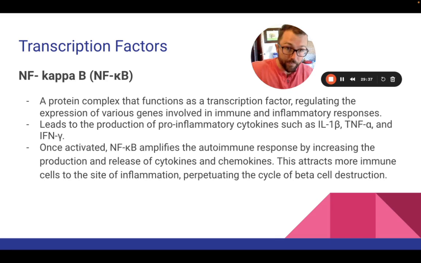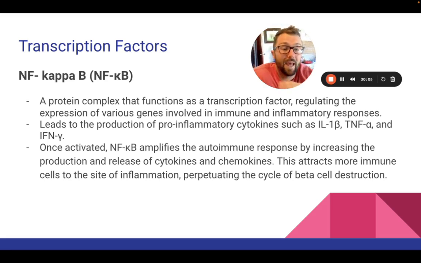NF-kappa B is a finger that goes to specific genes and plays the notes for taking care of the threat, whatever the threat is that's been identified within the cell. This leads to the production of pro-inflammatory cytokines such as interleukin-1 beta, tumor necrosis factor alpha, and interferon gamma, which we'll talk about in just a little bit.